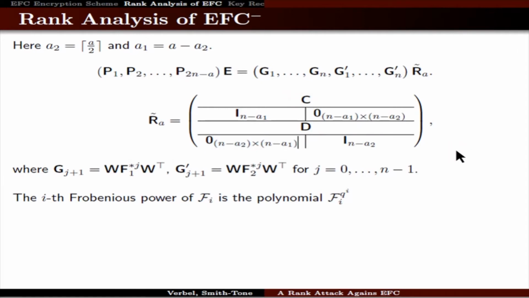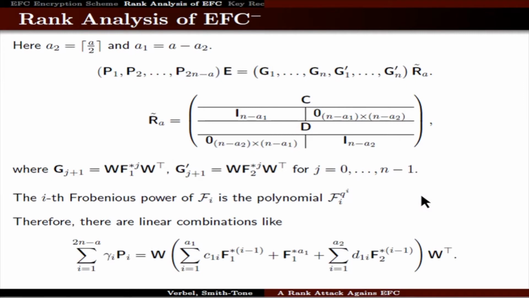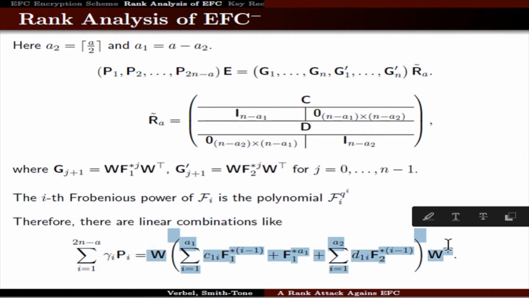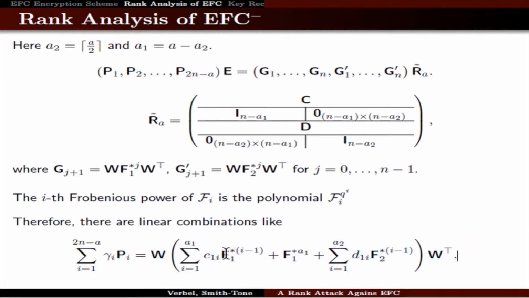So if you analyze this equation in detail, you get the conclusion that there exist coefficients over the big field such that when you take this linear combination, you have this matrix over here. You also notice that the Frobenius power is just up to A1 and up to A2, where A1 and A2 are kind of A over 2, roughly.